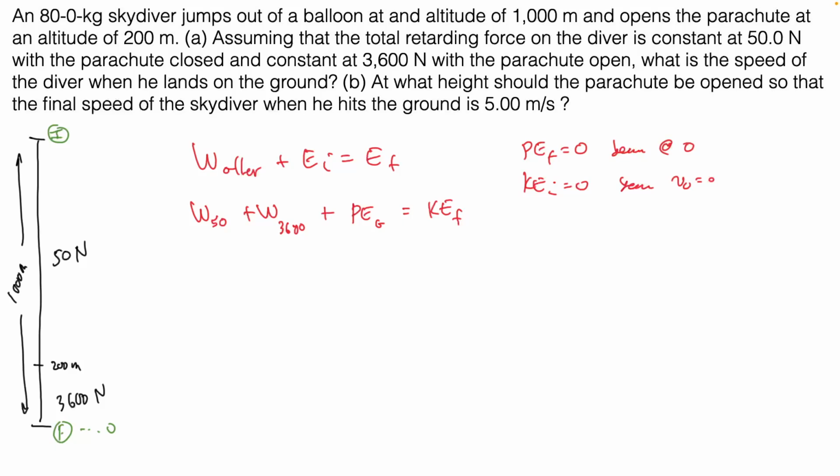All right. Okay. So, what is the gravitational potential energy? Start with mg height. What height? It's the 1,000-meter height. And why is it the 1,000-meter height?